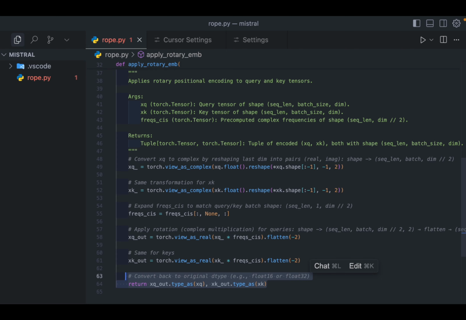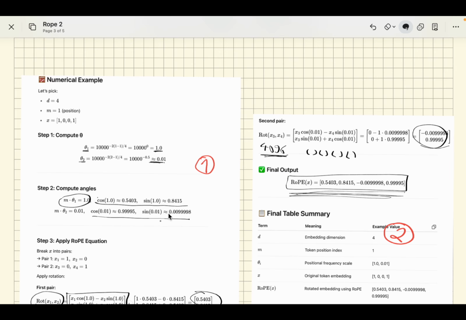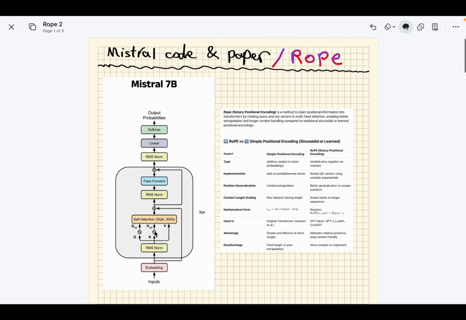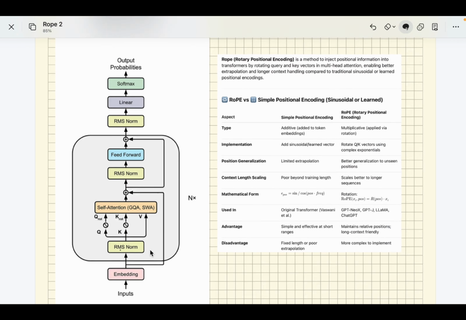And yes, that's technically it. The next part in our Mistral journey would be RMS norm and embedding.